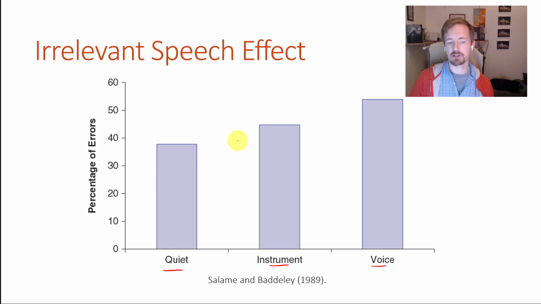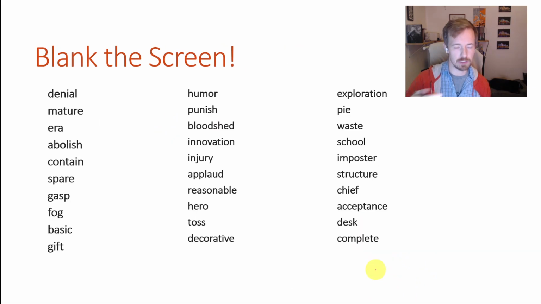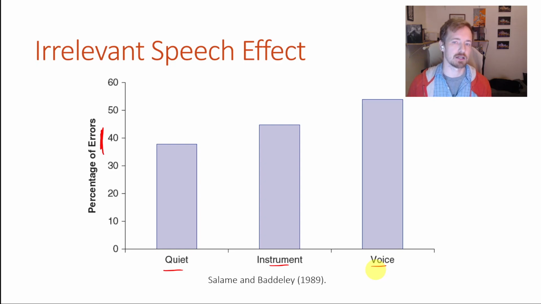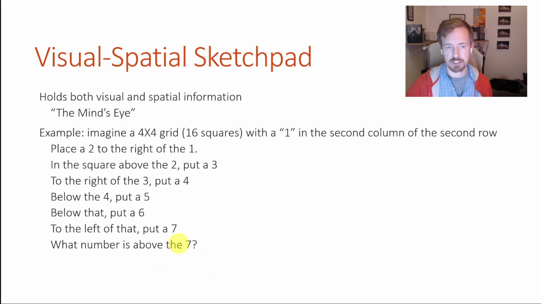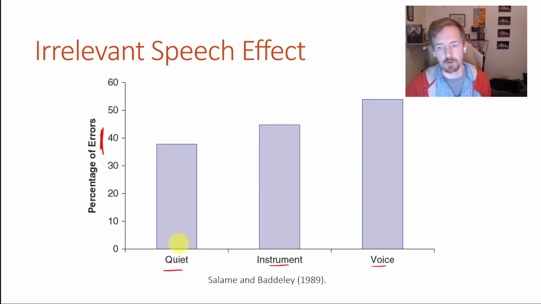And you can see pretty clearly probably what you would expect, that whenever it's really quiet, people make fewer errors than when there's instrumental music, but whenever there's a voice speaking, that's when we make the most errors of all, because that voice is going to be most similar to what you're hearing say those things, and so it's much easier for it to contaminate your phonological loop and interfere with that information. Whenever it's quiet, it's less likely for that to happen, and so we have the best performance there. That's the irrelevant speech effect. Feels a little bit like common sense, I know.